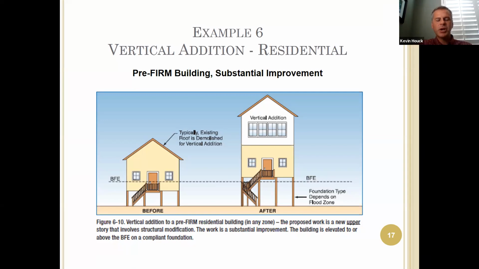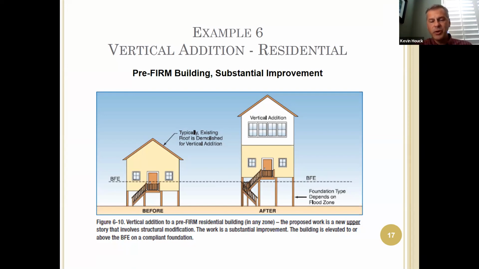So the structure before the project, which is on the left, shows a building on piles that is built with the lowest floor below the base flood elevation. This is a pre-FIRM building. And so what they want to do is pop the top, put a vertical addition on, making it a substantial improvement.